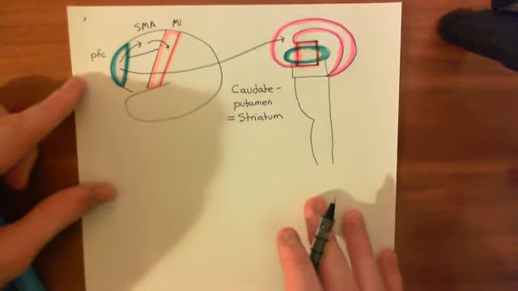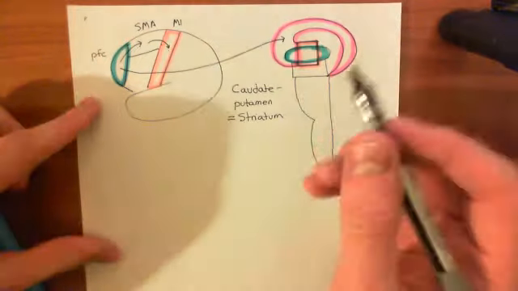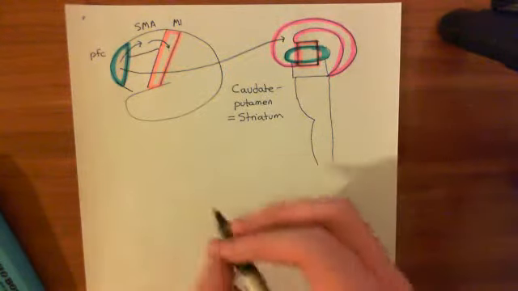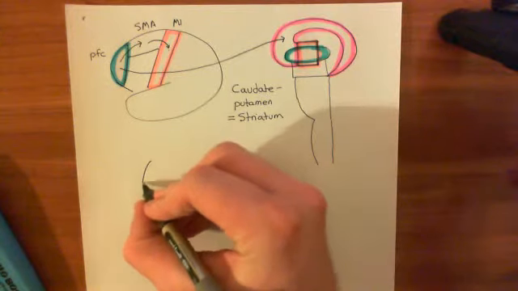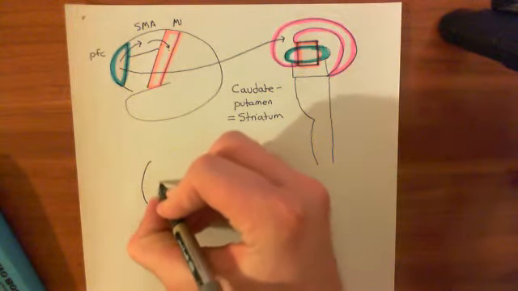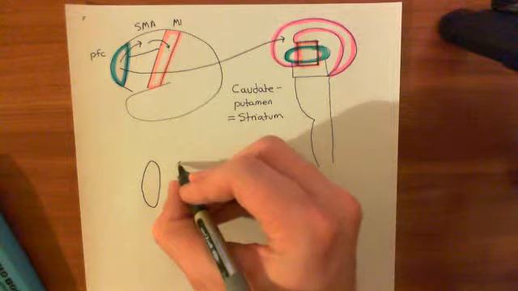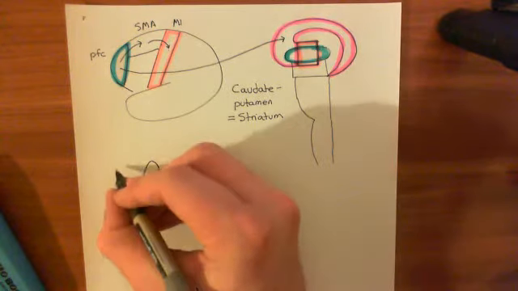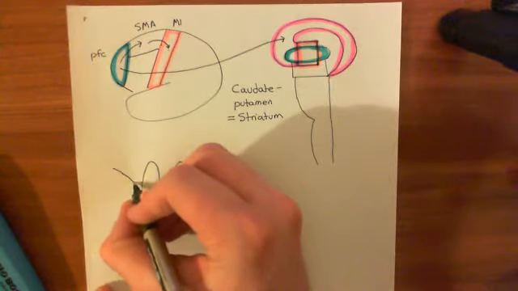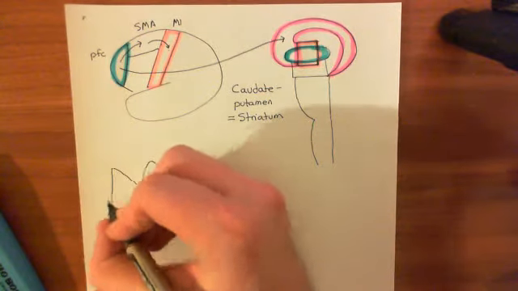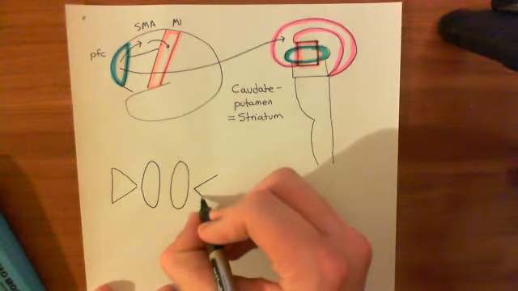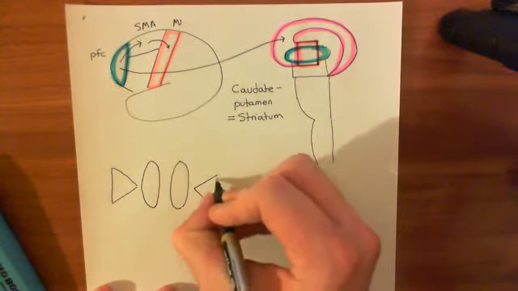Okay, now we've seen that this cannot go through because the internal globus pallidus is continuously inhibiting the thalamus. So let's draw this other picture here, which is where we view the thalami from above, basically, and we've got the midbrain underneath, and then on the sides we have the putamen and the globus pallidus on the side here. So here are these structures.